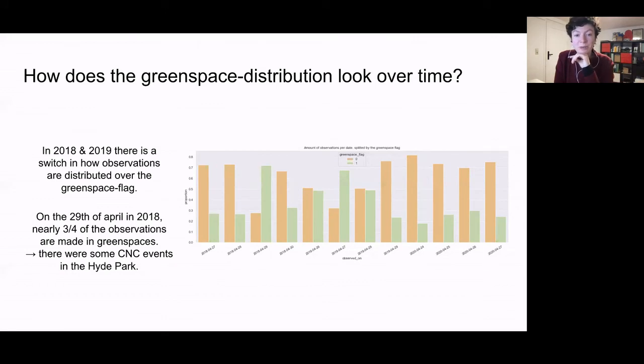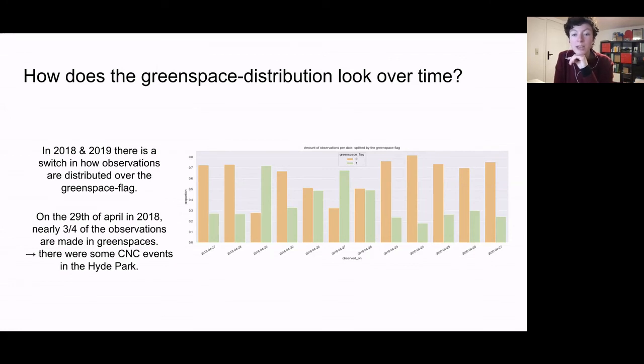And something pretty interesting is that on this exact date, there was a CNC, a City Nature Challenge event in Hyde Park, which is a green space. So probably this event led people to do more observations in green spaces.